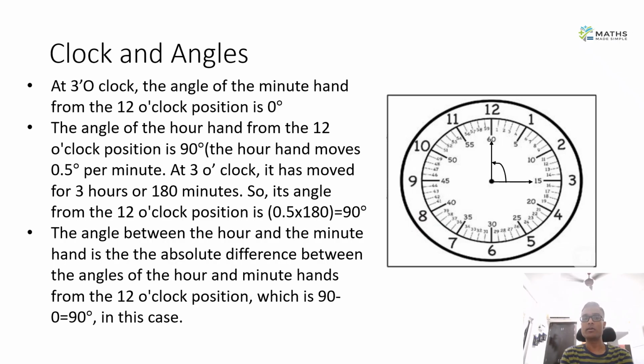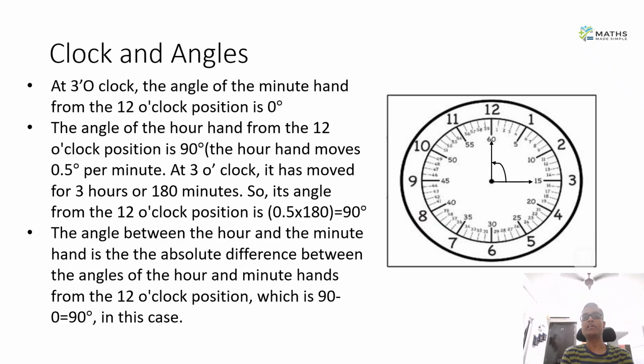At 3 o'clock, the hour hand has moved for 3 hours or 180 minutes. So, its position from the 12 o'clock position is 0.5 into 180, which is 90 degrees.